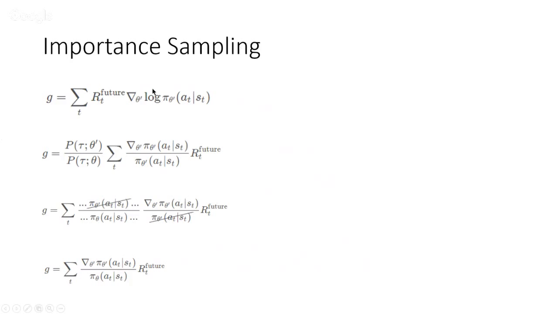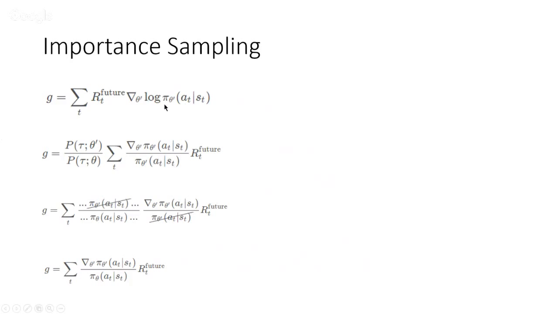So this has to be modified, improved, tweaked a bit. We tweak it by multiplying by the reweighing factor. Multiplying by the reweighing factor makes it possible to use the same trajectory. Okay, that's what is happening here.